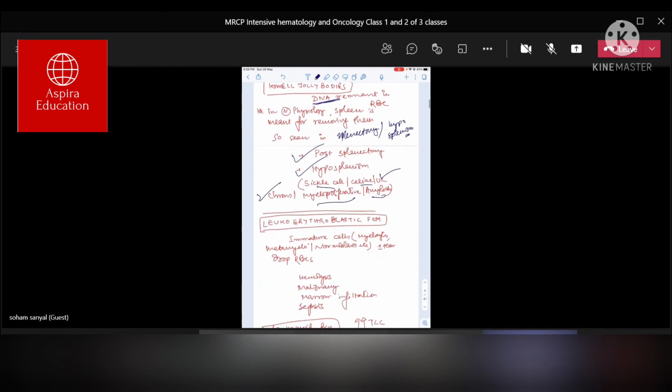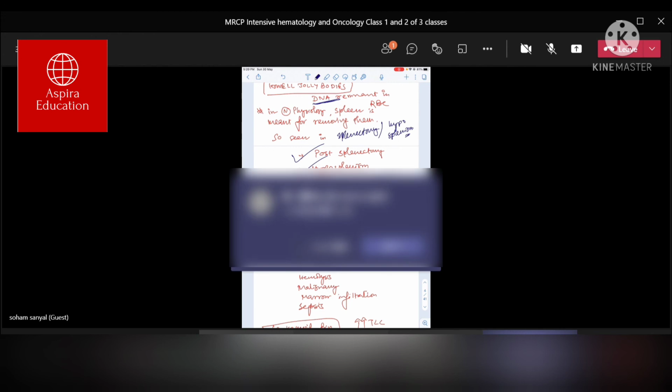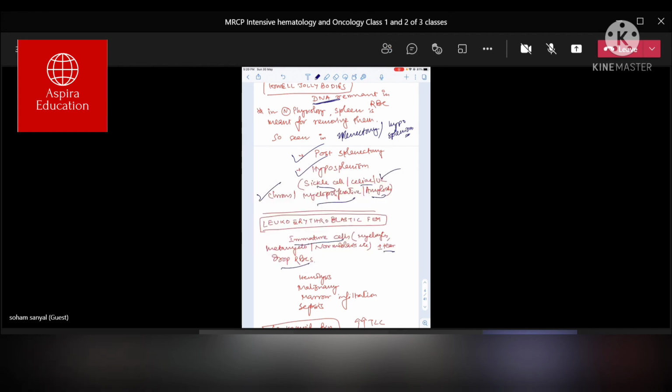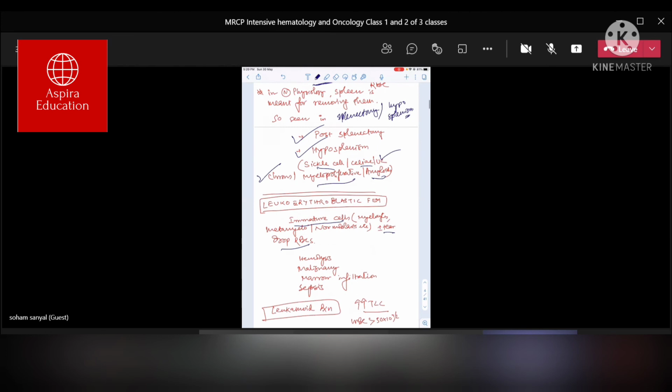Now we are moving to the leukoerythroblastic film. What is that? Basically, a lot of immature cells are present in this, along with teardrop RBCs. Immature cells like the blast cells, myelocytes, metamyelocytes, promyelocytes, normoblasts, and megakaryocytes are all present along with the teardrop cells.